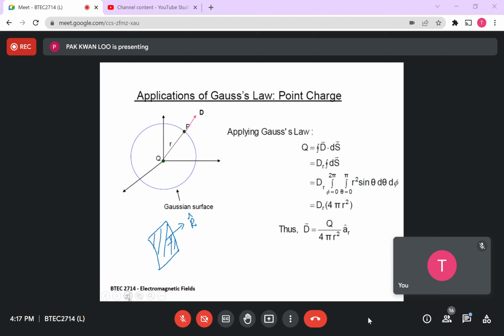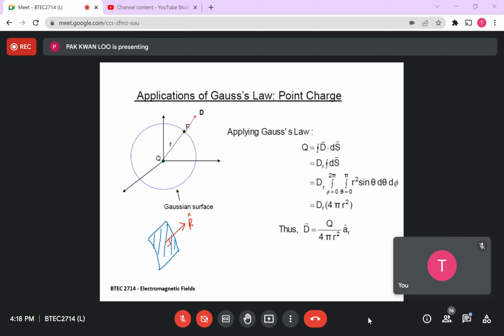The normal to the surface is in the direction of R. So if the electric flux is coming from the point charge Q, from Coulomb's law, we already know that the electric field coming out from the point charge is always radial, right? It is always in the radial direction.